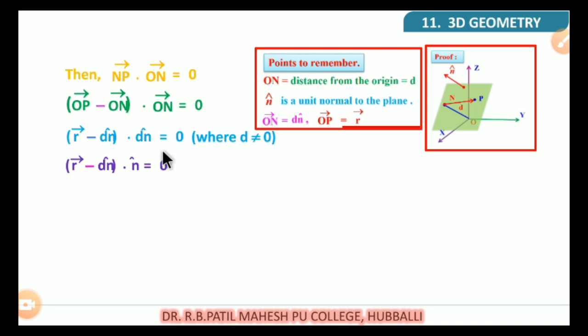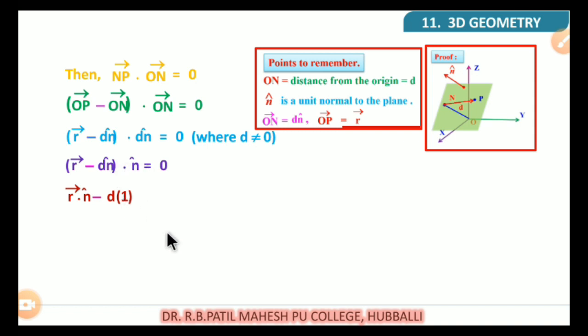Now take the dot product of n cap with these two terms, so r dot n cap minus d into 1.